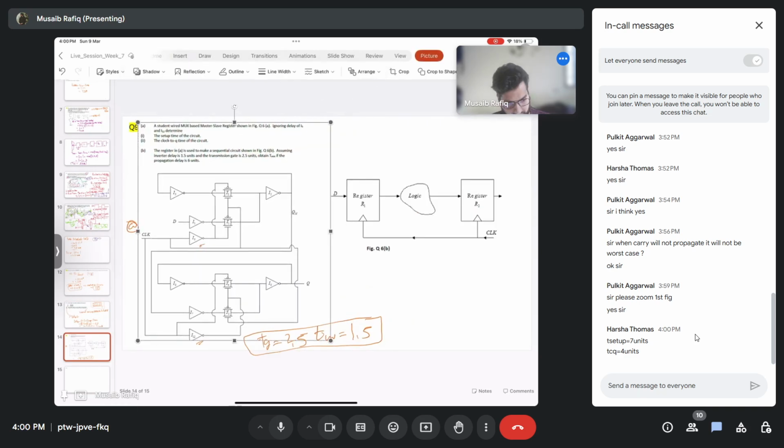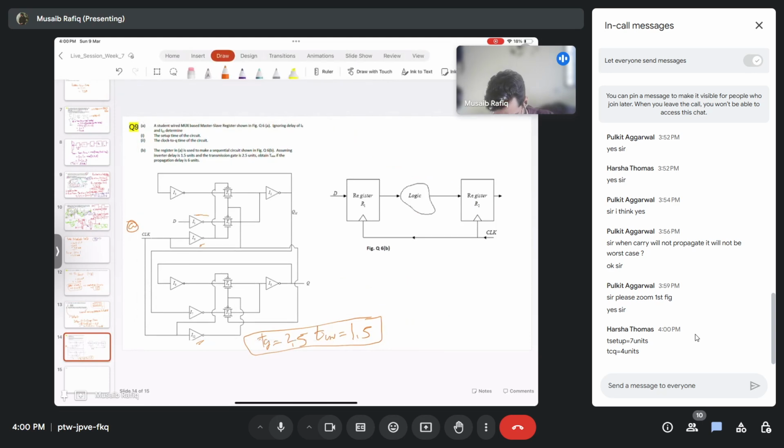So here, input D, so the setup time will be like this thing, and QM to D will be this thing. So basically T setup will be equal to T of I1 plus T of T1 plus T of I2 plus T of I3.